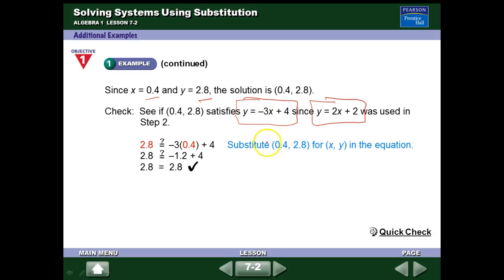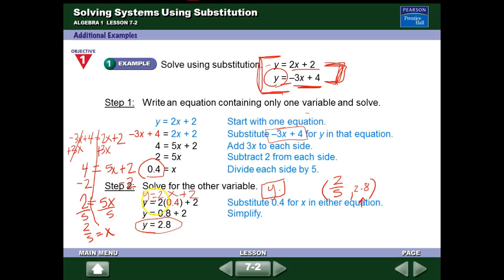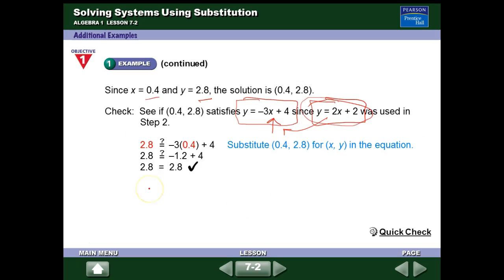I would recommend using the other one to plug it back in and check, because you solved it using the first one. In step 2 we used the first equation, so now in step 3 we want to use the second equation. Plug in your x and y values, solve it out, and if it checks, you know you did it right.